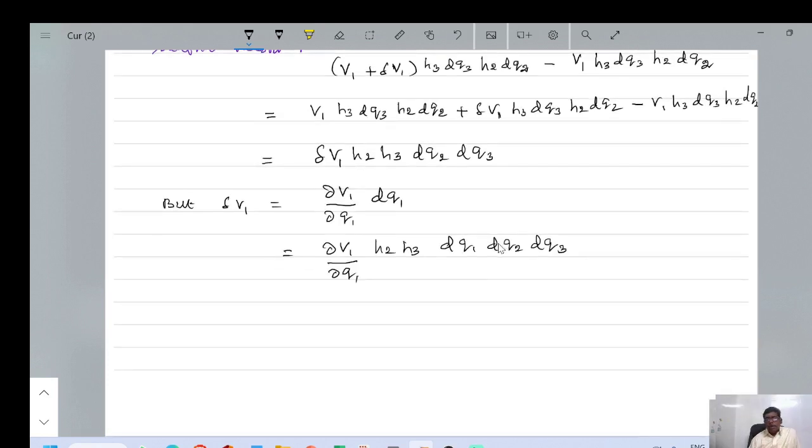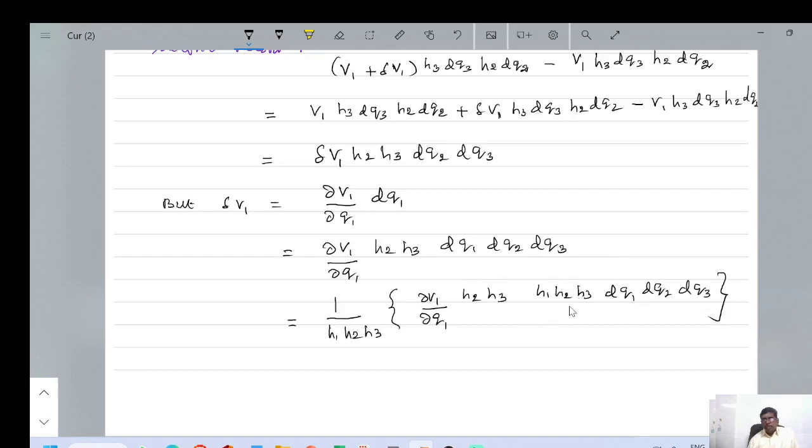Now multiply the above equation by h1 h2 h3 and divide the same by h1 h2 h3, which is 1 by h1 h2 h3 dou v1 by dou q1 h2 h3, then h1 h2 h3 dq1 dq2 dq3.